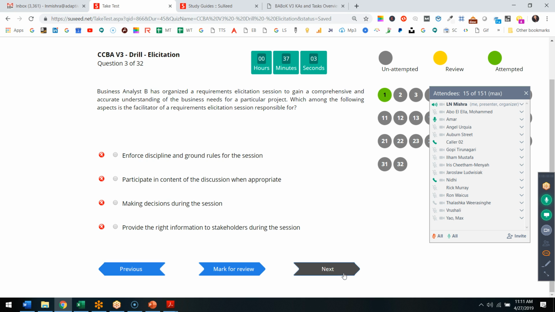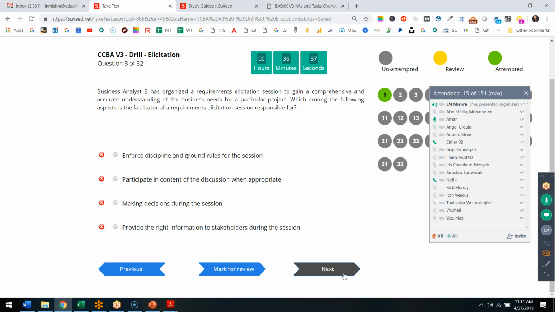Okay. Muhammad and Amar, in this particular question, all four options are correct. But the option that the question setter is looking for is option A, because that is the primary duty. The remaining three are secondary duties.